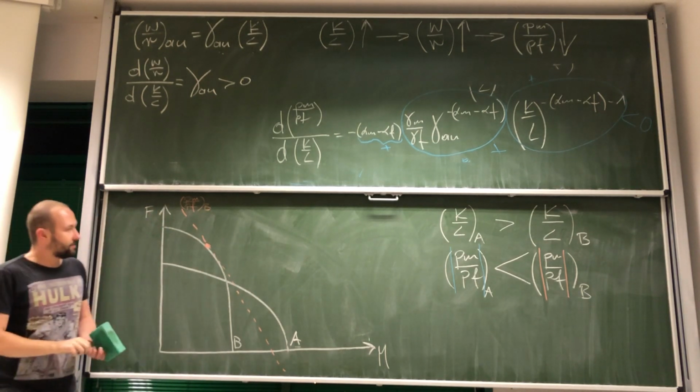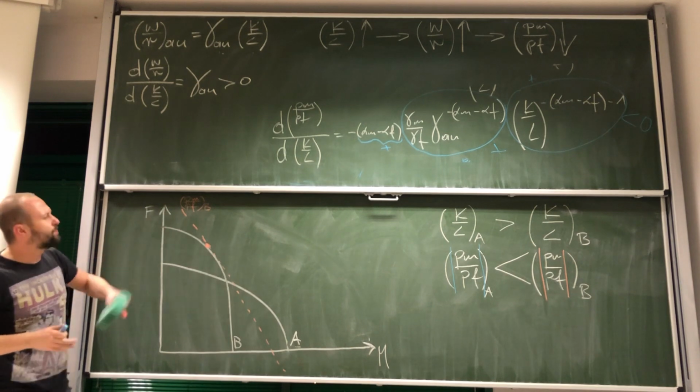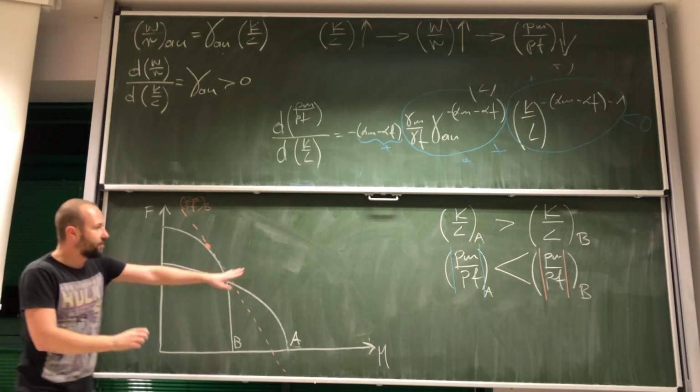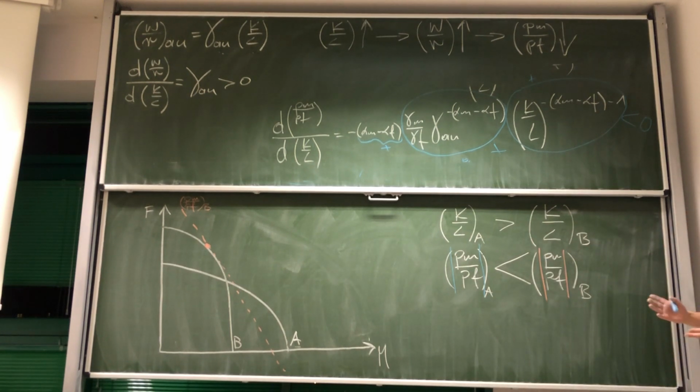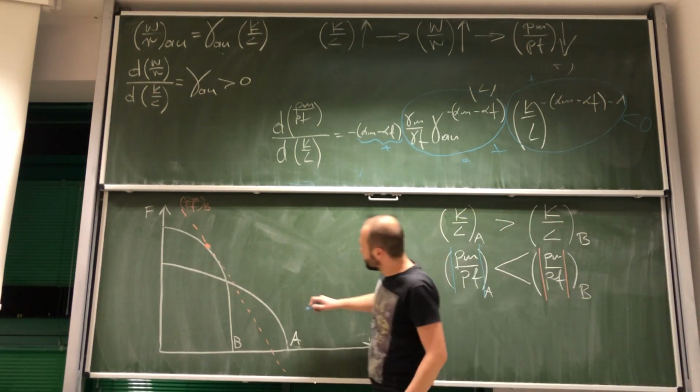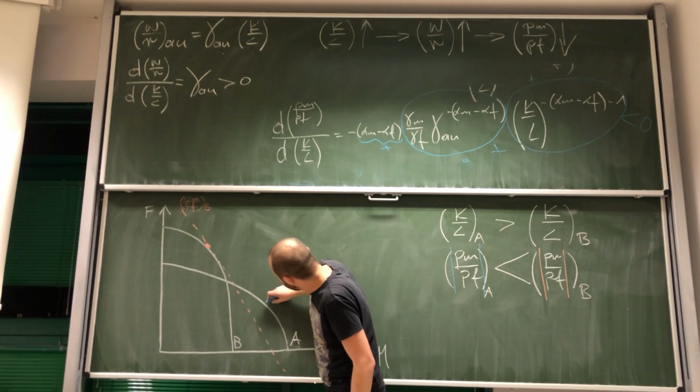It's steeper than in the case of Austria. And here, because it's a lower value, it needs to be flat. So let's put it like this.